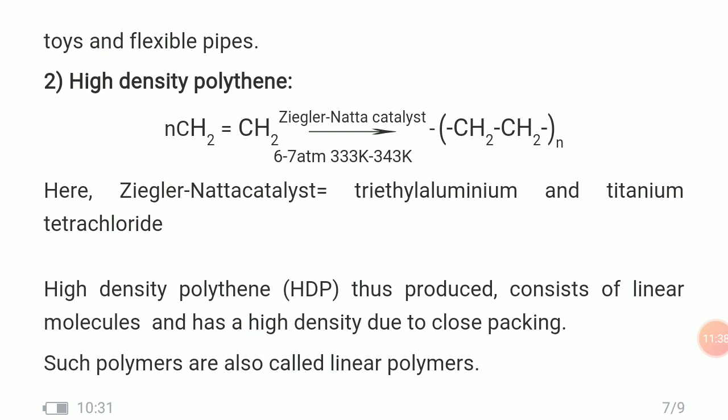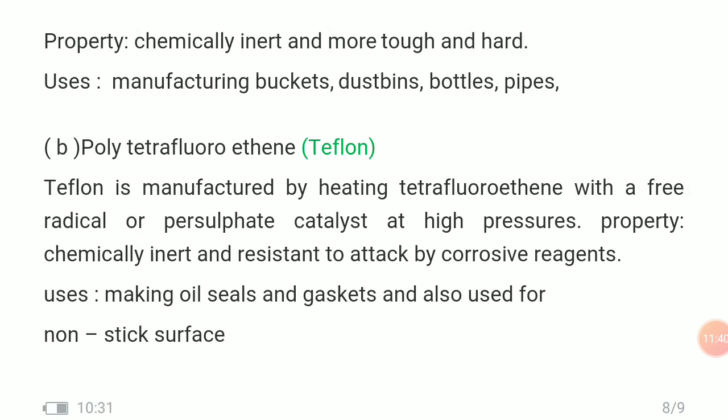Such polymers are also called linear polymers. The properties of high density polythene are that it is chemically inert, and more tough and hard because of its very close packed structure. It is used in the manufacture of buckets, dustbins, bottles and pipes.